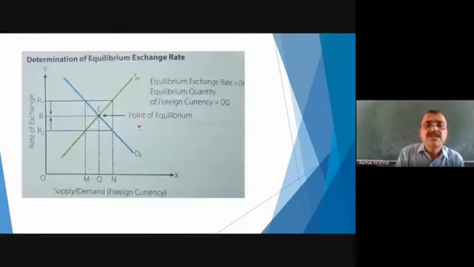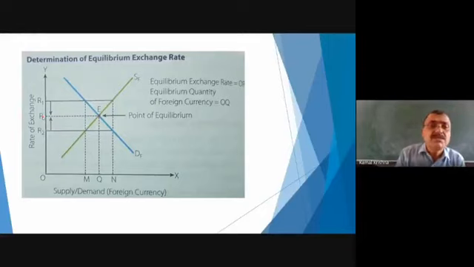See in the diagram, students, here on this DF, this is the demand for foreign exchange, and SF shows here the supply of foreign exchange. On the X-axis, supply and demand have been taken, and on the Y-axis, the exchange rate is there. Both are intersecting at this point E. This is called the point of equilibrium, and R is the equilibrium rate of exchange.